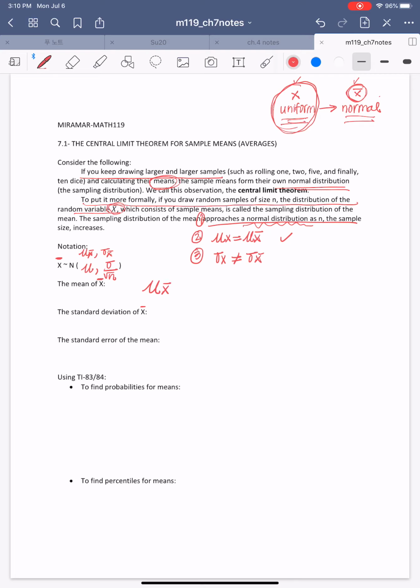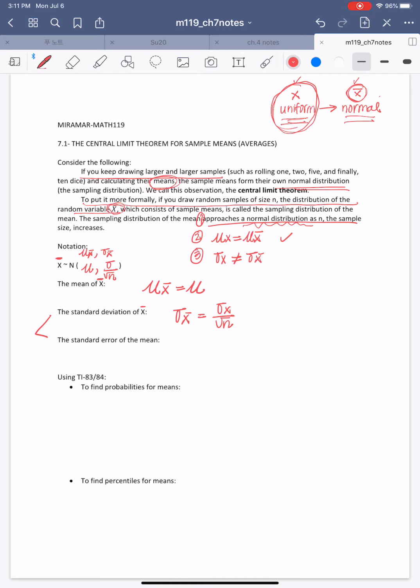That's the mean of x bar, and that will always be your population mean. The standard deviation of our sample mean will be sigma x divided by the square root of n. Standard error and standard deviation of the sample mean are the same. Some textbooks use standard error, it just means sigma of x bar.